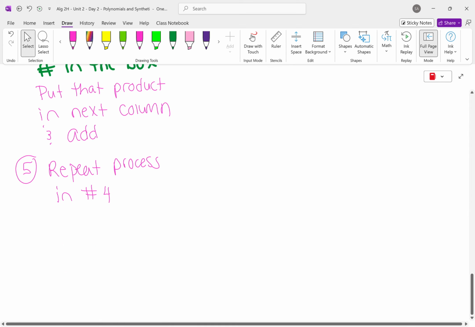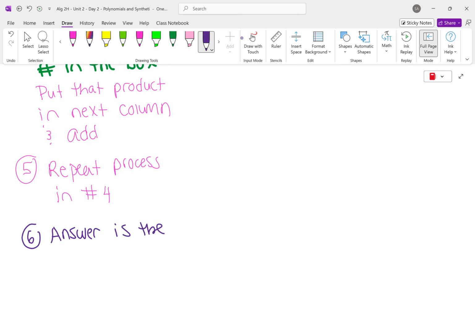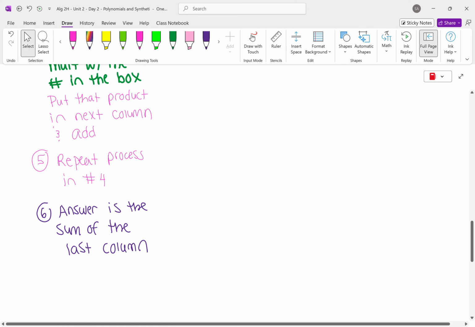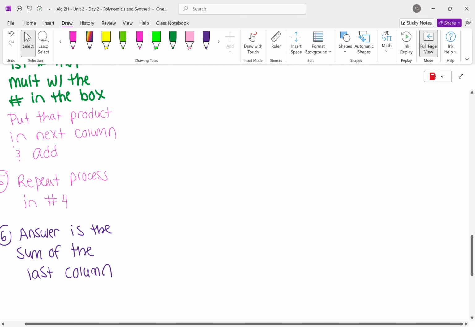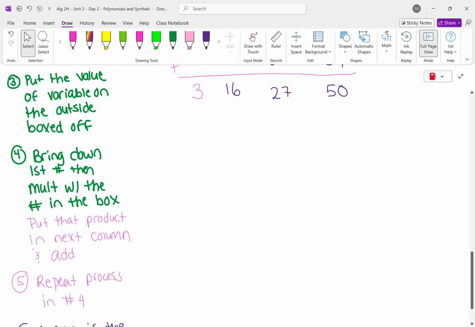Negative 4 plus a positive 54 is a positive 50. Answer is the sum of the last column. So what sum did we get in that last column? 50. Is that what we got with direct substitution? Yeah.